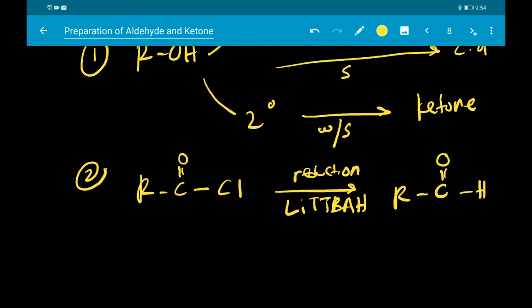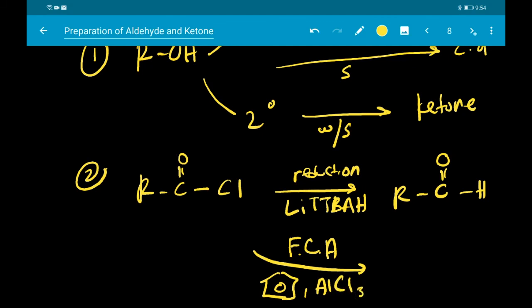While if we have the same compound, acyl chloride, and perform the Friedel-Crafts acylation with benzene and aluminum chloride, in the end we get a ketone compound, replacing one of the hydrogens on the benzene.